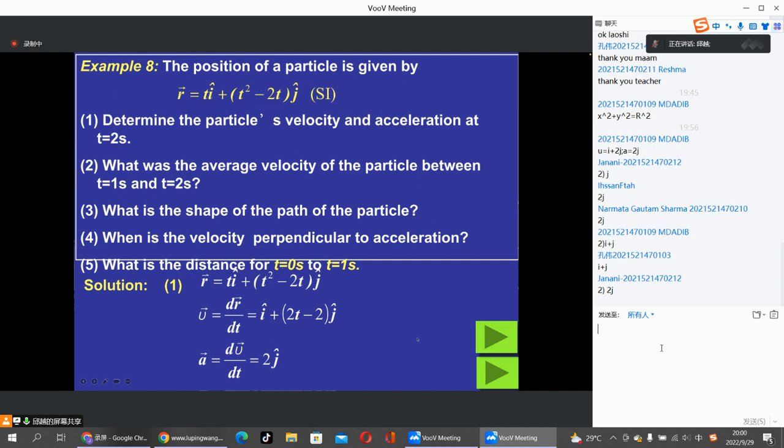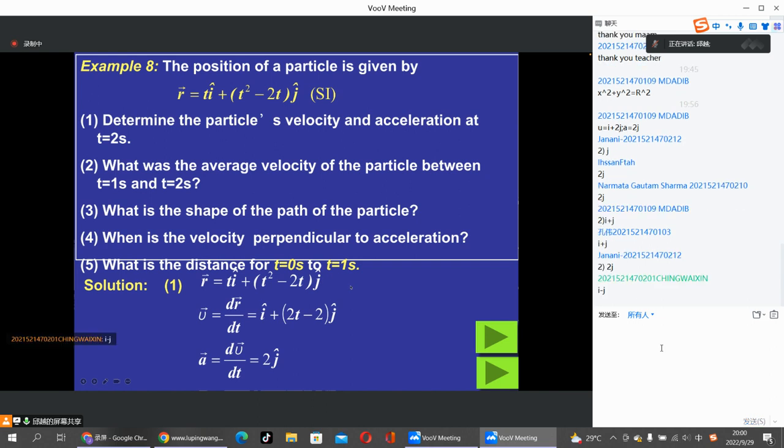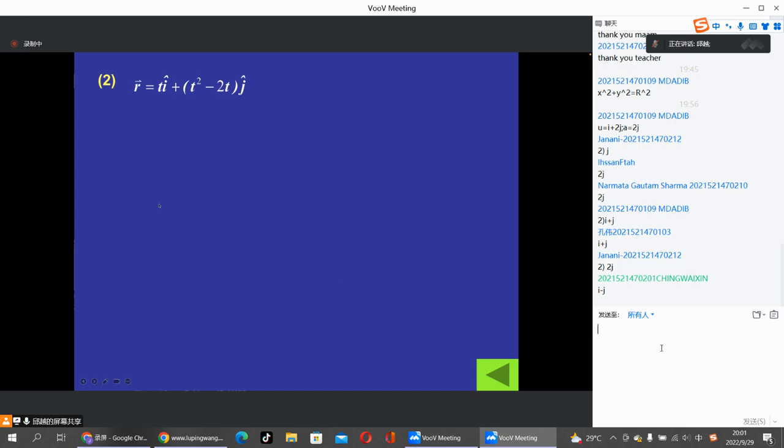Okay, let's see problem 2. Okay, for problem 1, we have got some right ideas. V equals i and 2j, A equals 2j, right? And problem 2, what was the average velocity of the particle between t equals 1 and t equals 2? In order to calculate the average velocity, we need to first write down the position vector r, and when t equals 2, we have r equals 2i and 2j, right?